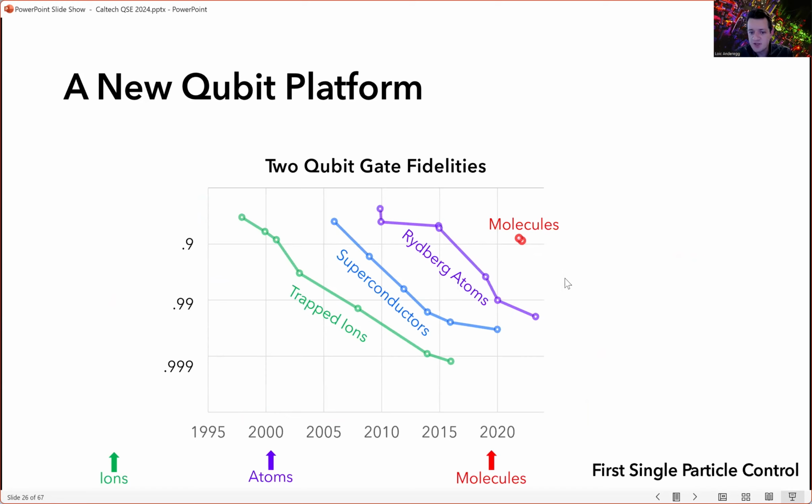I just want to put this on this plot that shows all the various qubit platforms that have come up over the past several years. I want to point out that molecules are really a newcomer to this. We've only achieved single particle control over the past few years, but we hope to make very rapid progress improving the qubit gate fidelities that we can achieve.